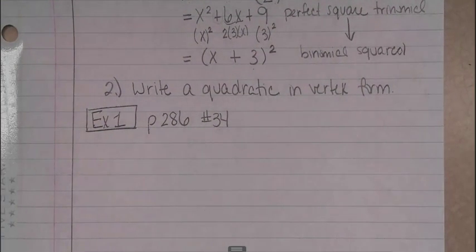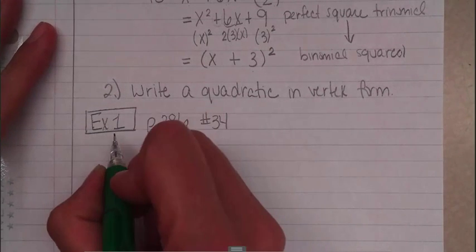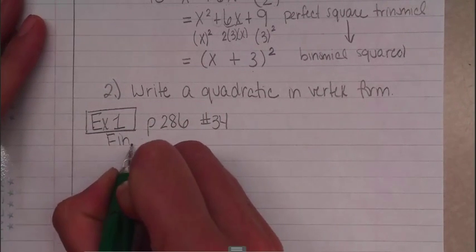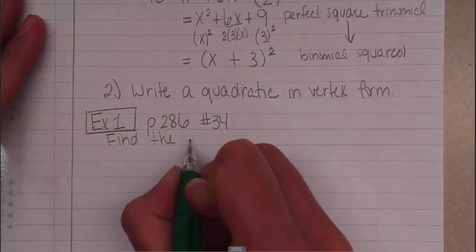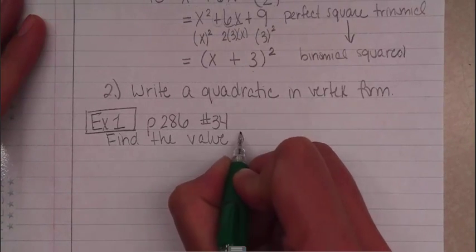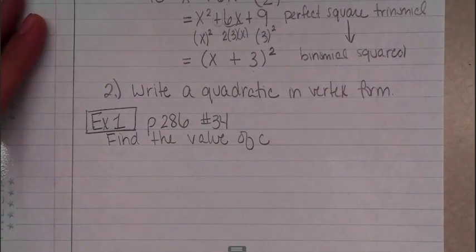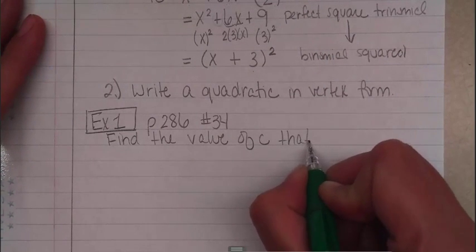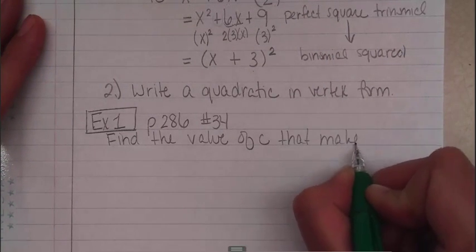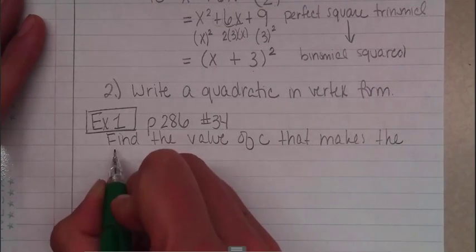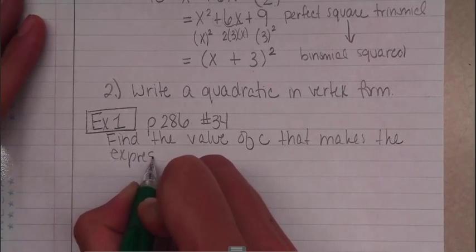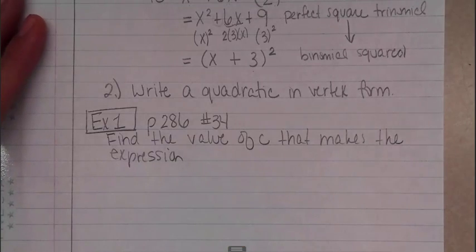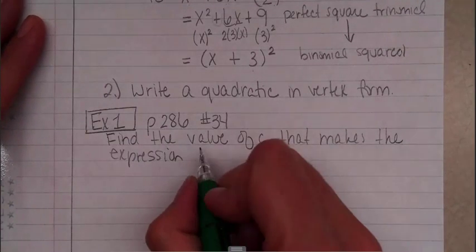There are some long directions here, and I'll go ahead and write them out. Find the value of c that makes the expression a perfect square trinomial.